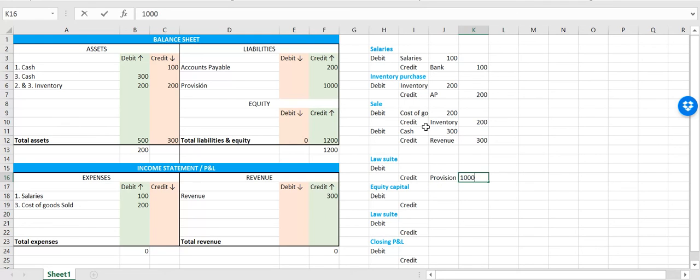Now, what are your options? It's an expense. You debit lawsuit provision expense 1,000. You cannot do it on your assets because you're actually not decreasing the ability to generate profit out of them. So it's an expense.